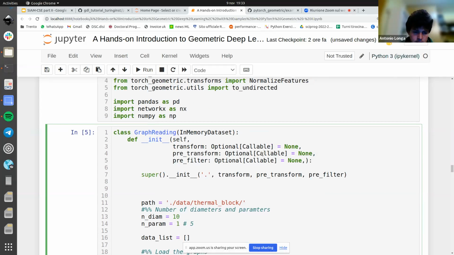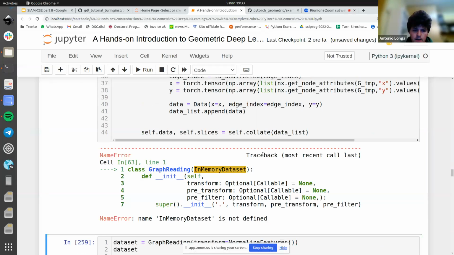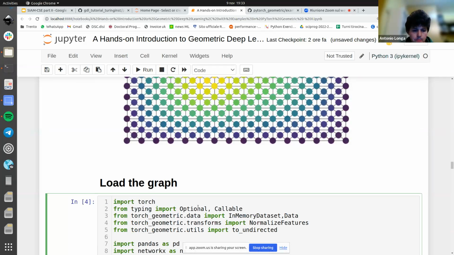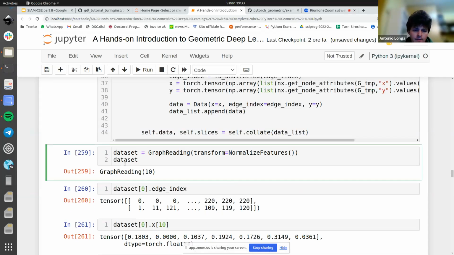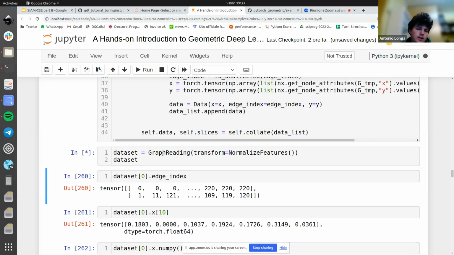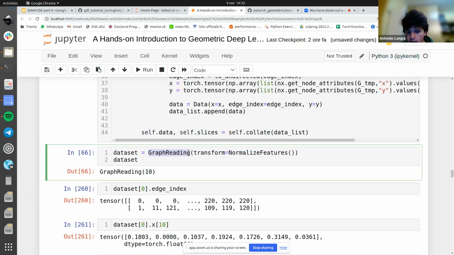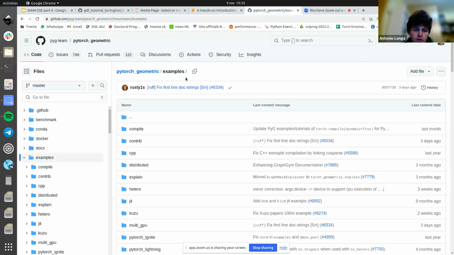And once this piece of code is done, okay, I forgot this. What you have to do is simply call the class you just defined. If you want, you can specify some transformation, and the list of transformations is available in the documentation.